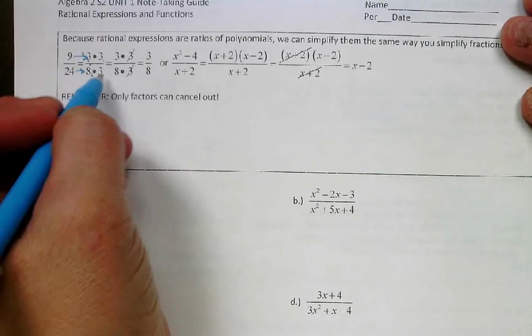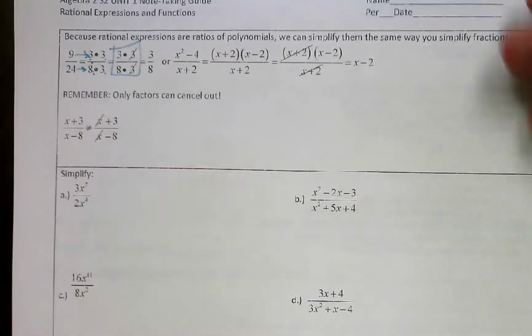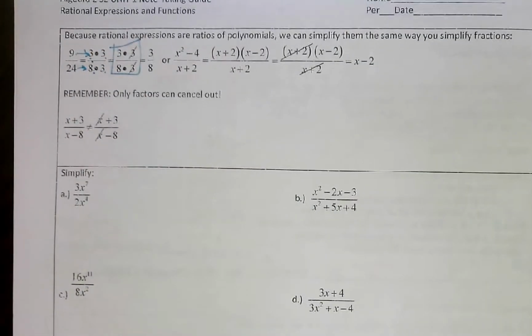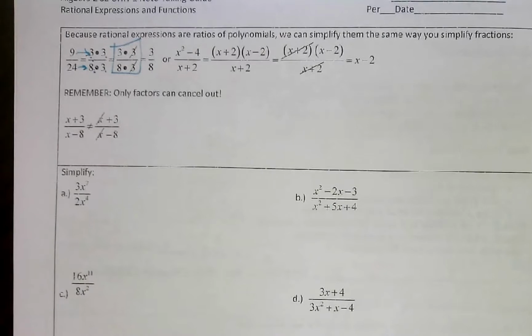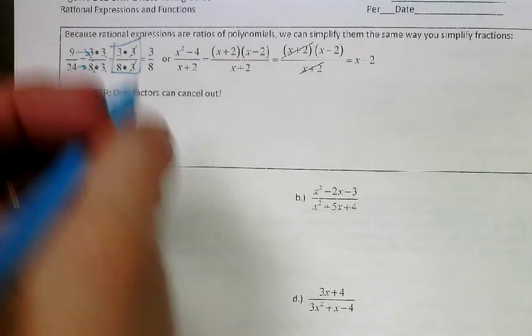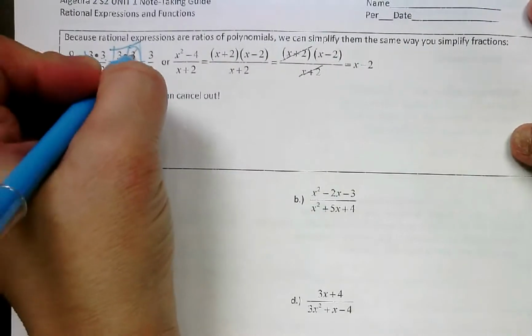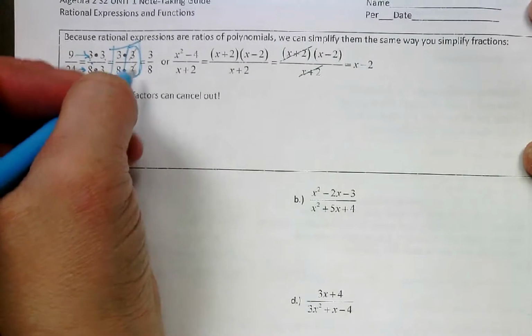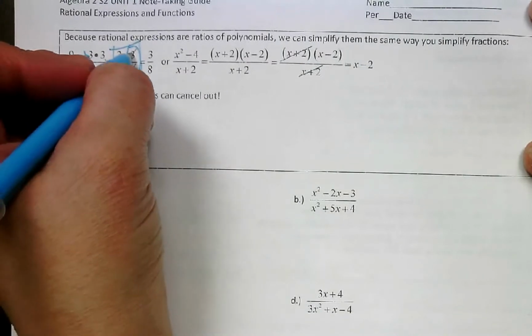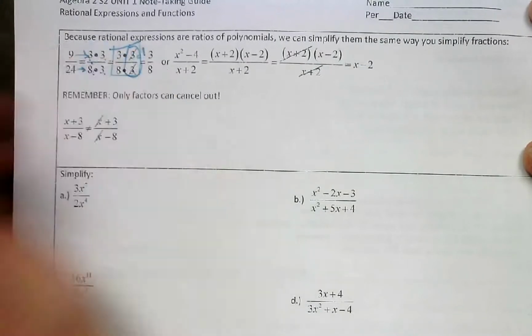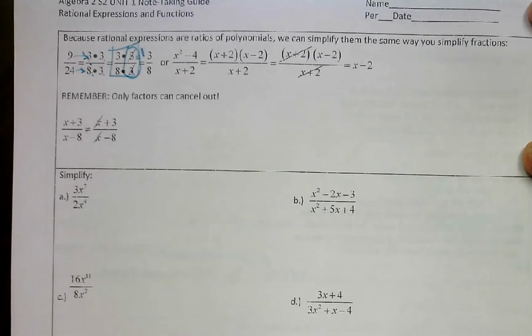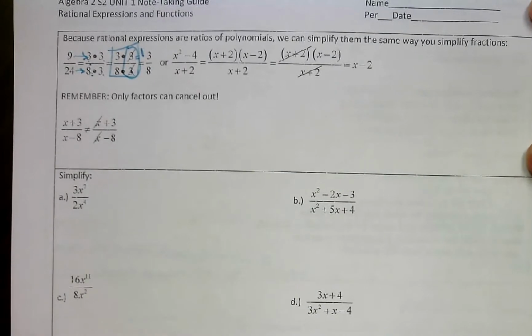But our goal here is to get it so that a number in the numerator cancels with a number in the denominator. And remember, when I say cancels, 3 and 3, yes, they cancel, but it's a division problem. So 3 divided by 3 equals 1. So you need to remember that anytime you're canceling, it's really a value of 1.